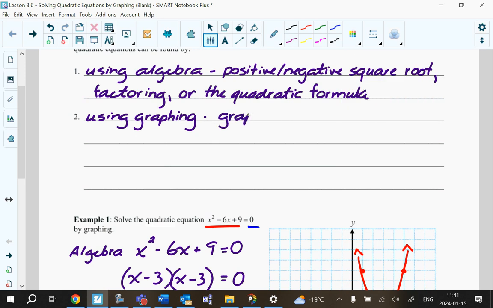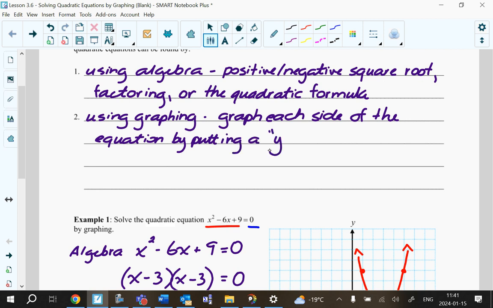Okay, so using graphing, we graph each side of the equation by putting a y equals on each side.